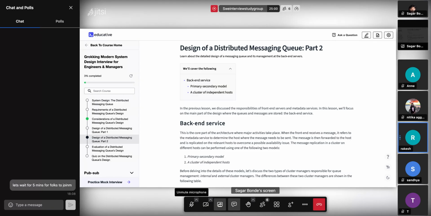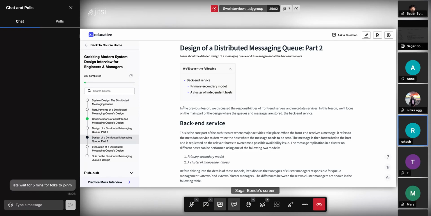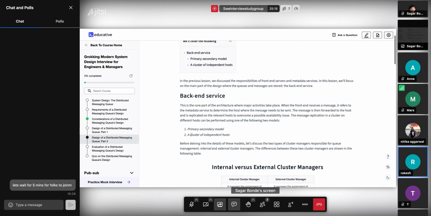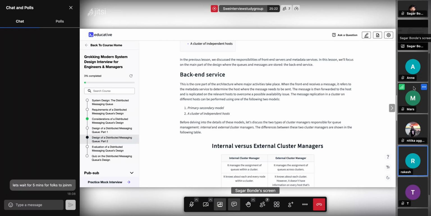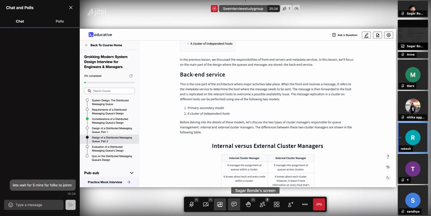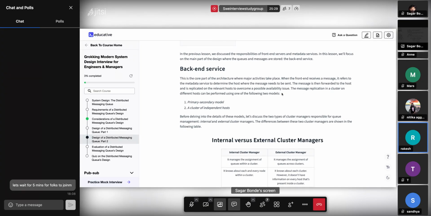Okay, backend service. So this is a core part of the architecture where major activities take place. When the front end receives a message, it refers to the metadata service to determine the host where the message needs to be sent.